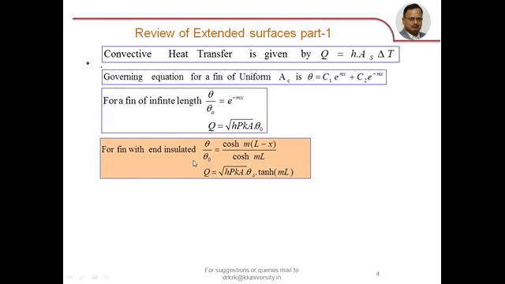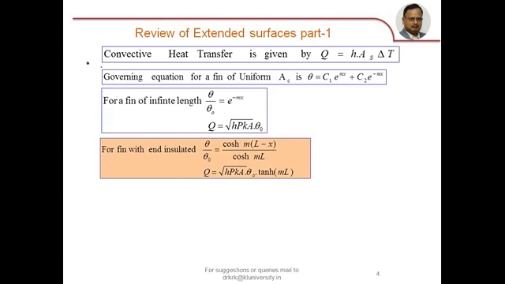No fin again will be insulated at the end, but if you take the end dimensions of the fin, in case of a circular fin it is π/4 d², or in case of a rectangular fin it is w into t, because the fin diameter is very small, maybe in mm, or even w and t are also in mm. The fin end area will be in the order of 10^(−6) m², which is very, very small.